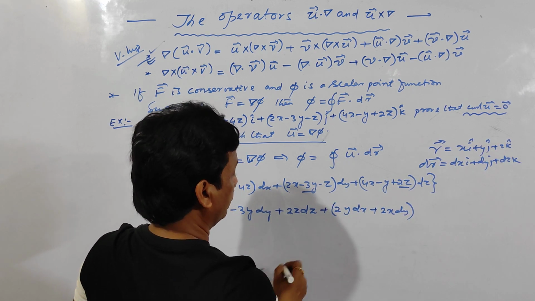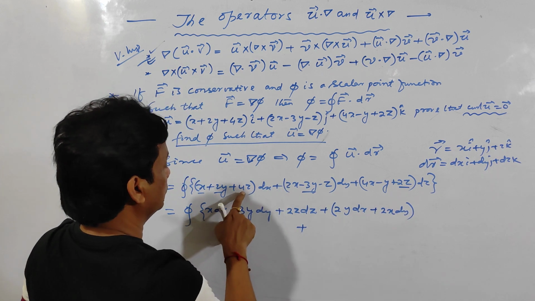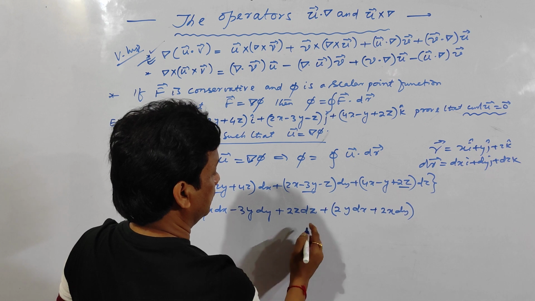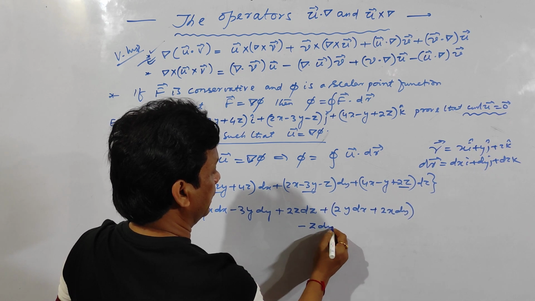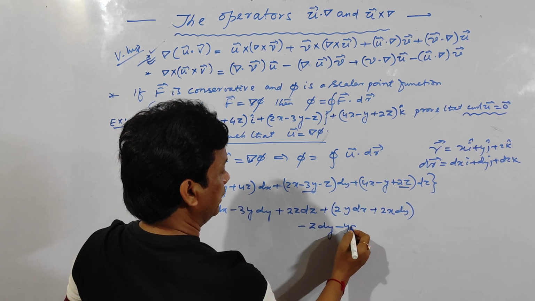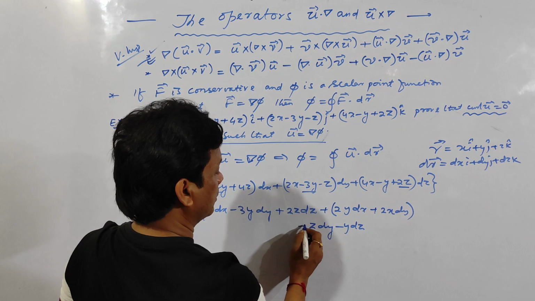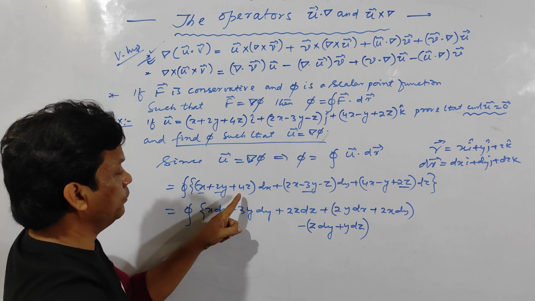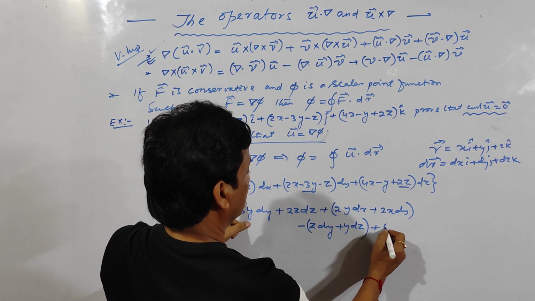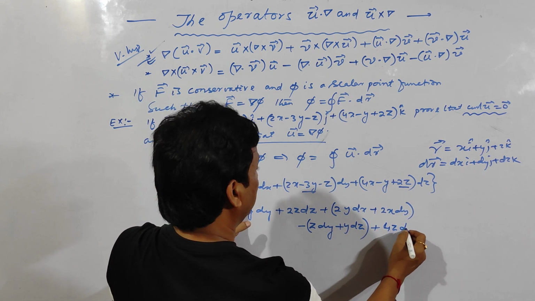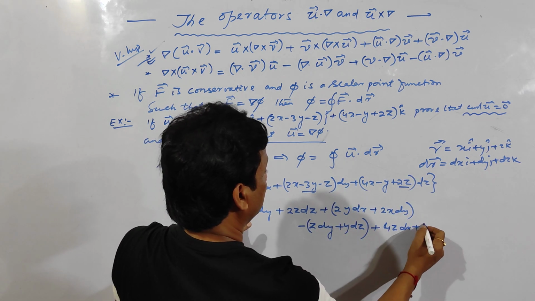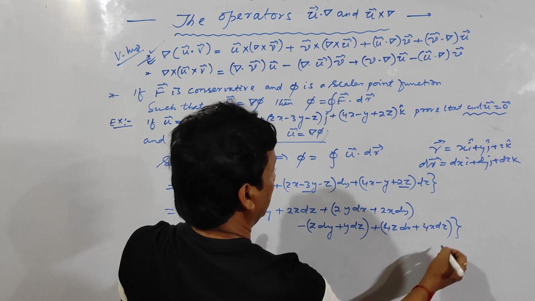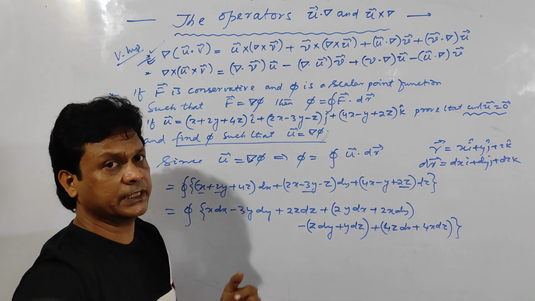Combine these two, then plus, and make this one, minus (z dy plus y dz). I am taking minus common, so it will become plus. Now 4z into dx plus 4x into dz, and I am combining this one. I have told you now that this factor will be an exact differential.